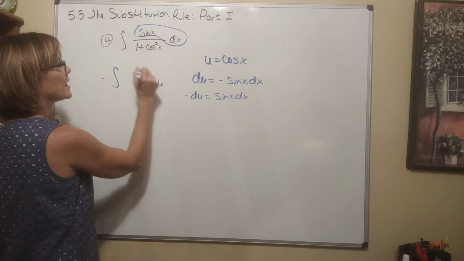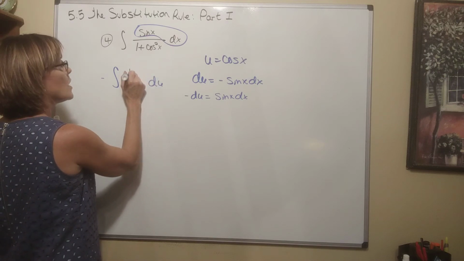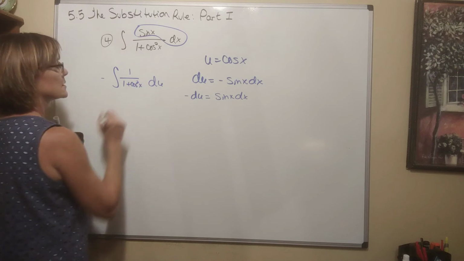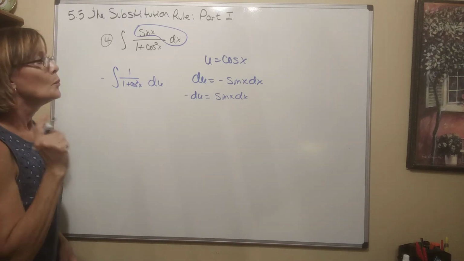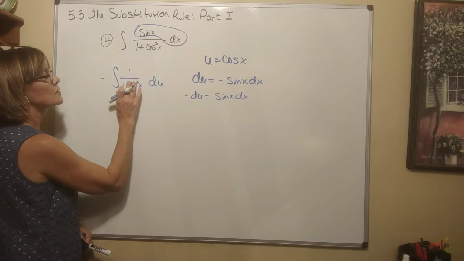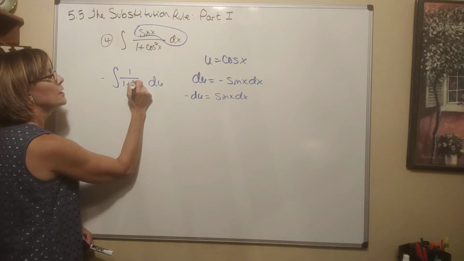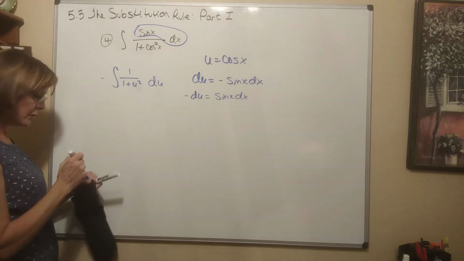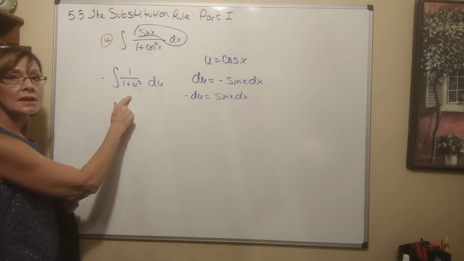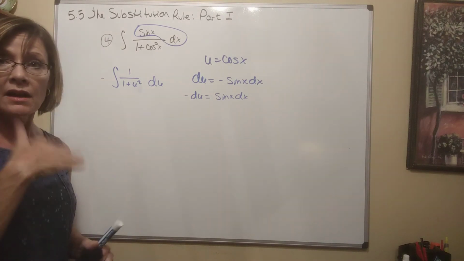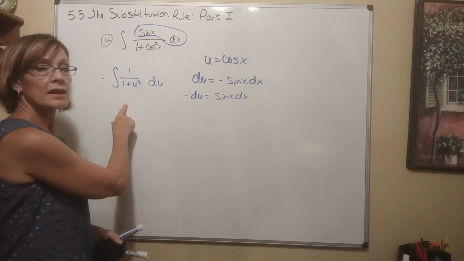And then I need to rewrite what I have basically left, which is 1 over 1 plus the cosine squared of x. That's what I have to rewrite. But I let u be cosine of x. So this is really 1 over 1 plus u squared du. And I recognize this, and if you look at your table of integration that we just created a little while ago, you will recognize this too.